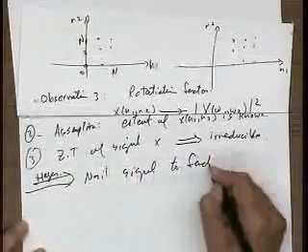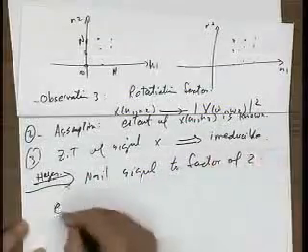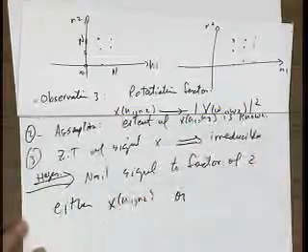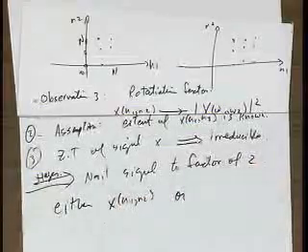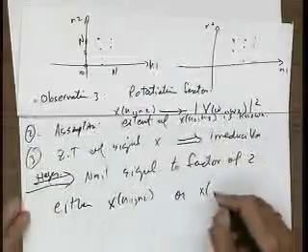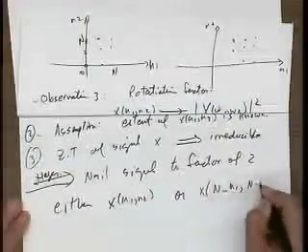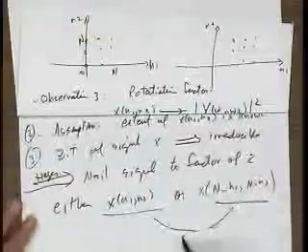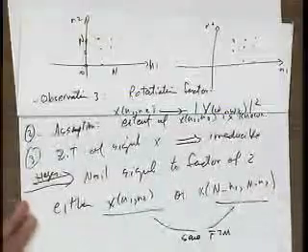to a factor of 2. In other words, we either get x of n1 and n2, or we get its reflection. The reflection is the one thing you can't get away from, x of N minus n1 comma N minus n2. Both of these have the same Fourier transform magnitude.